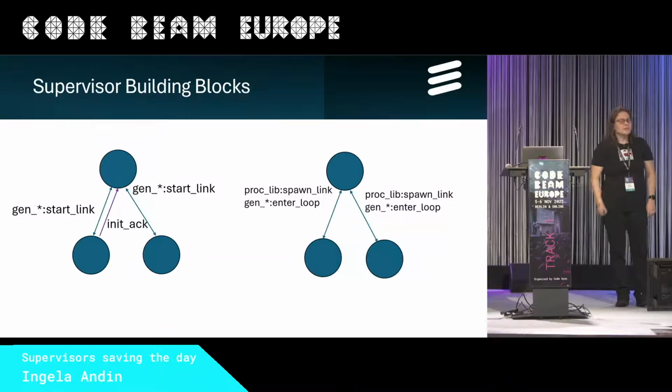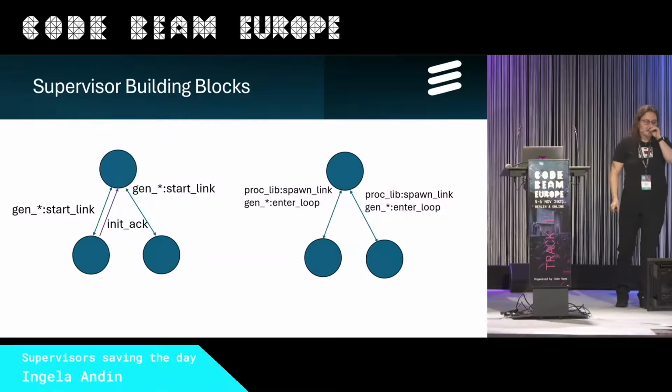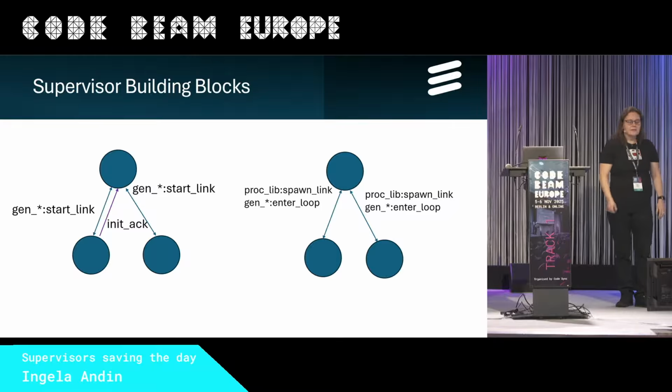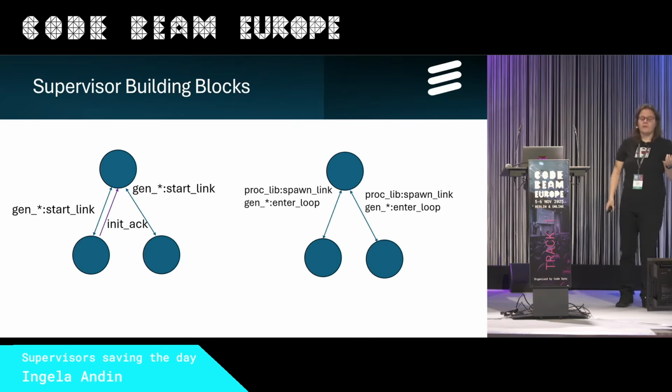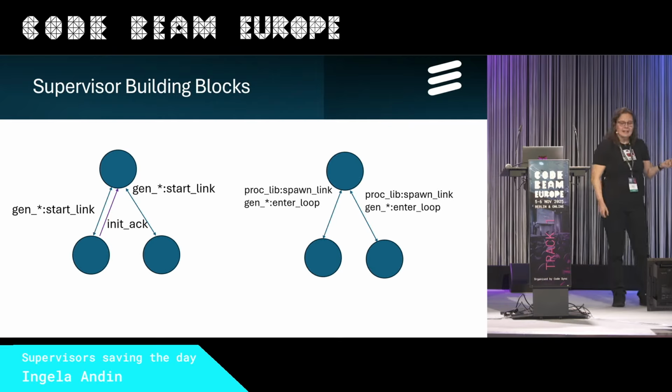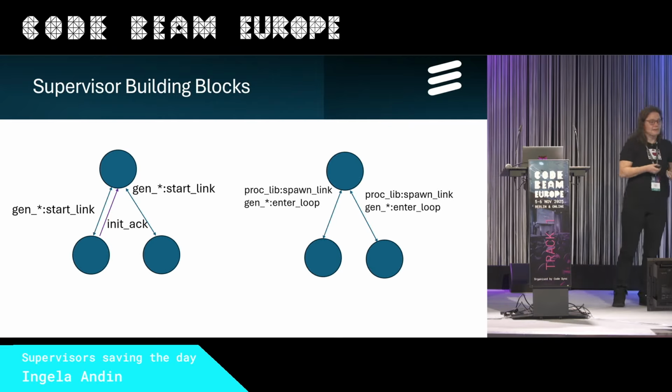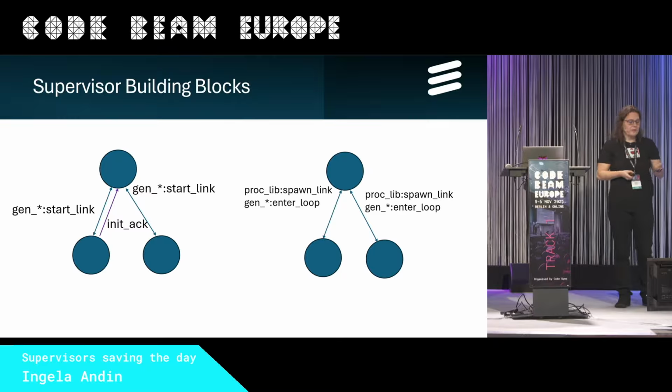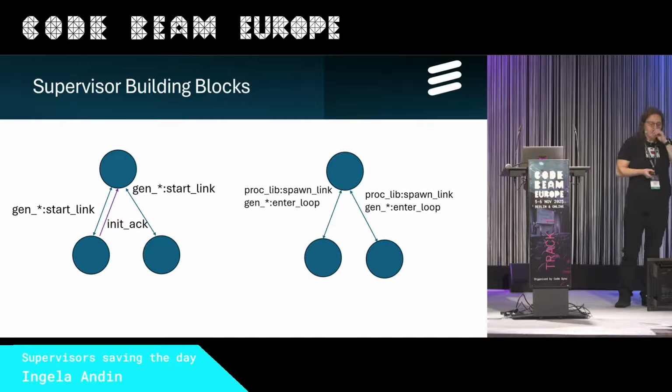And when you have such supervisors with independent children, you don't want this initial ACK thing that supervisors usually do to guarantee that the init function has been run. Because then you're sending a message back and forth, and you need to reschedule your processes. And this is becoming a bottleneck if you have tens of thousands of TLS connections.